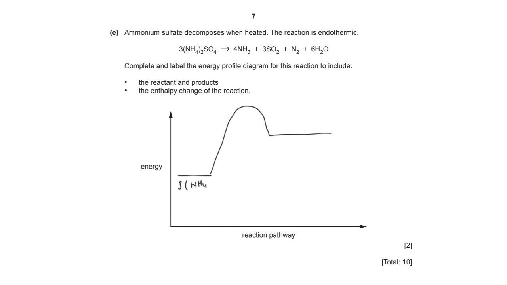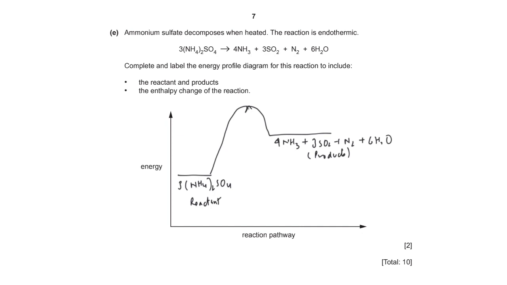(NH4)2SO4 is the reactant, and the products are, there are a lot of products: NH3, SO2, N2, and 6H2O. You can say that these are the products, and this is the reactant.